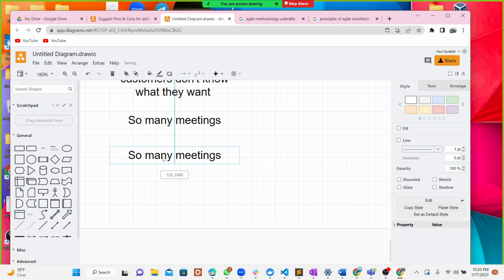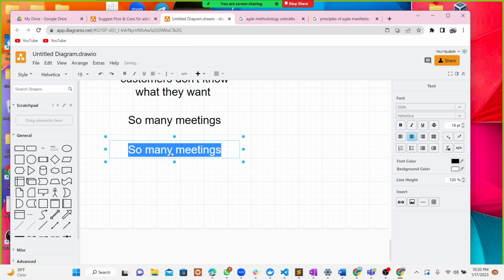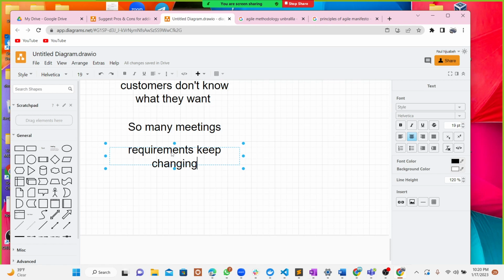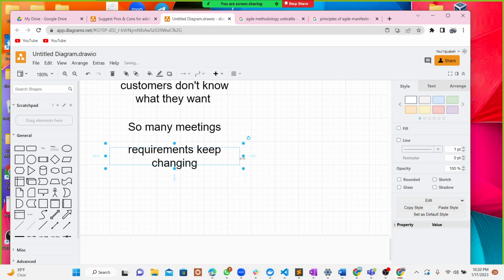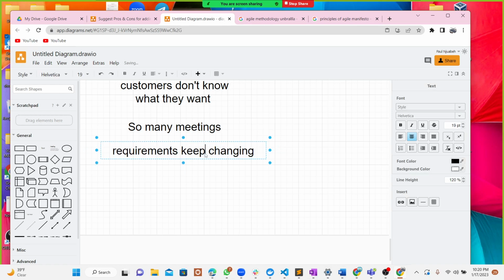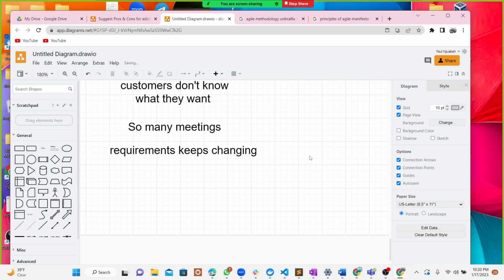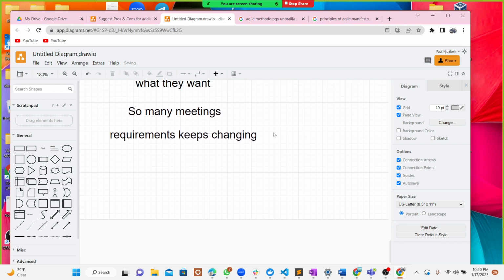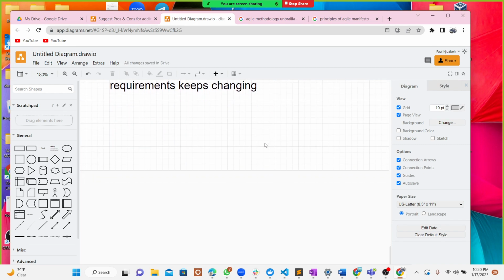The scope is changing. In waterfall they have well-defined requirements before the start of the project, but with this, requirements keep changing. Those are some of the downsides of Agile. You will see more in the material. Okay.